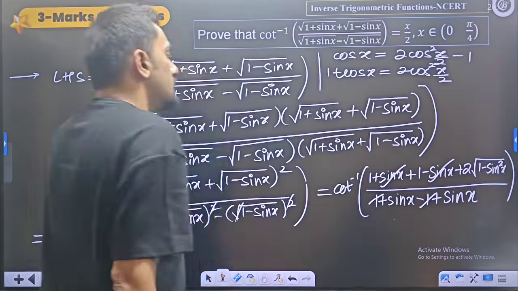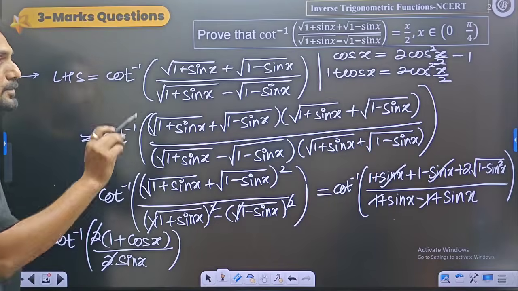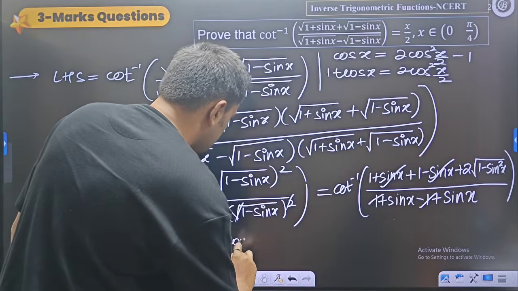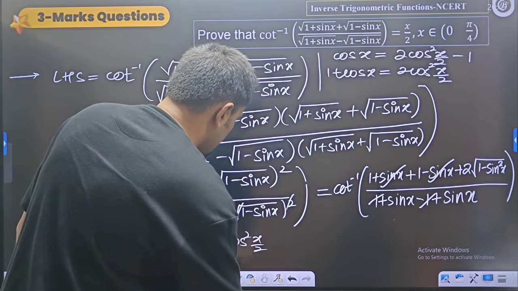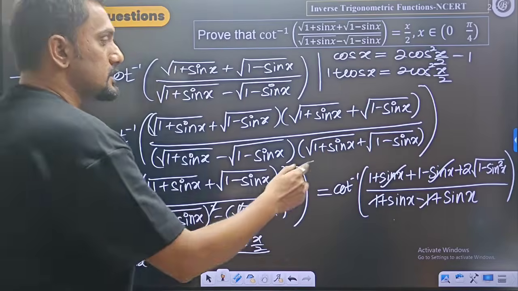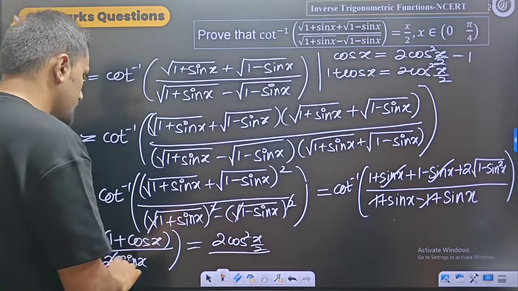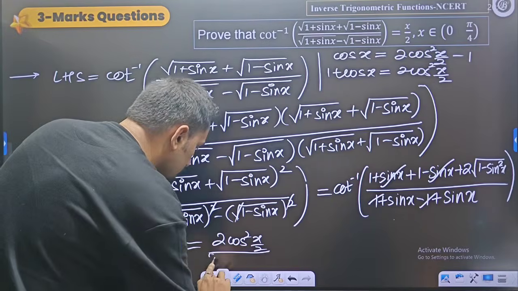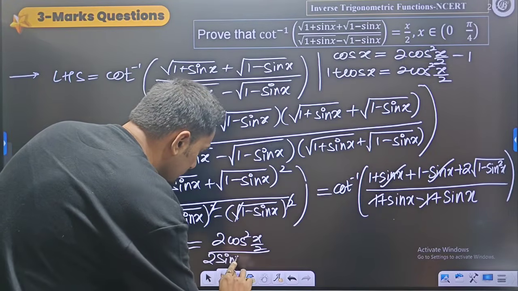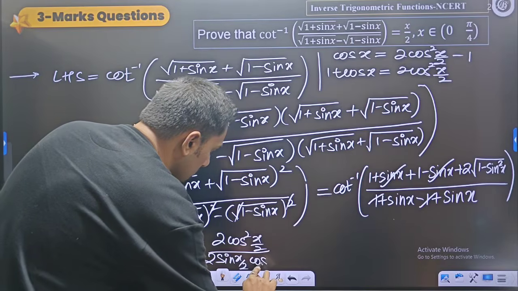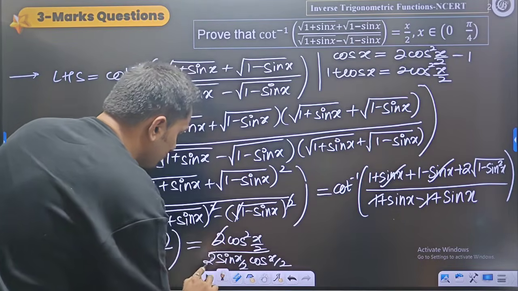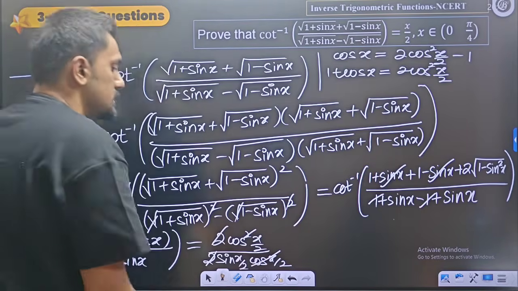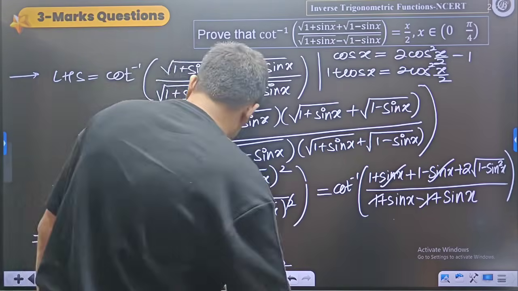Correct? So in place of 1 plus cos x, let me write it as 2 cos square x by 2, divided by sin x plus sin x is 2 sin x, and this sin x can be written as 2 sin x by 2 into cos x by 2, half angle formula. 2 gets cancelled. Cos x by 2 from the numerator and cos x by 2 from the denominator get cancelled.